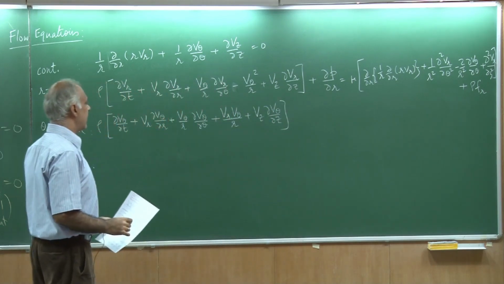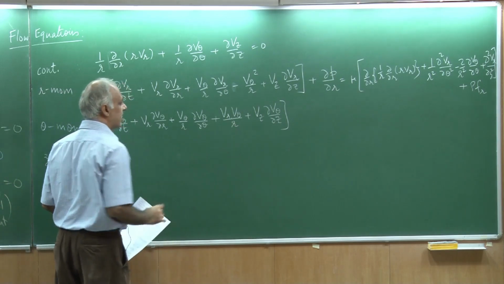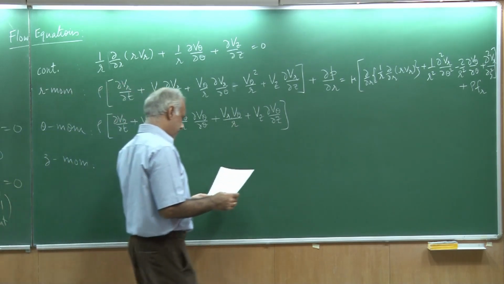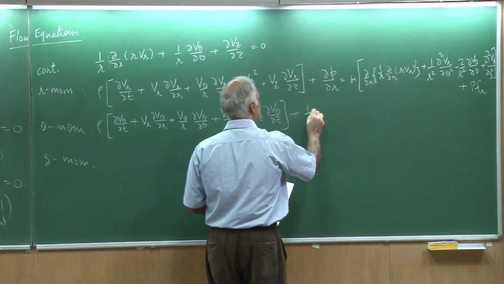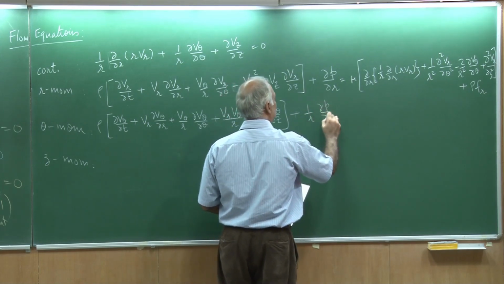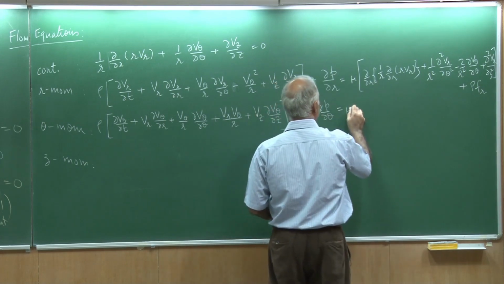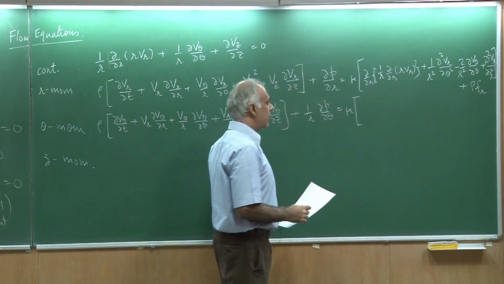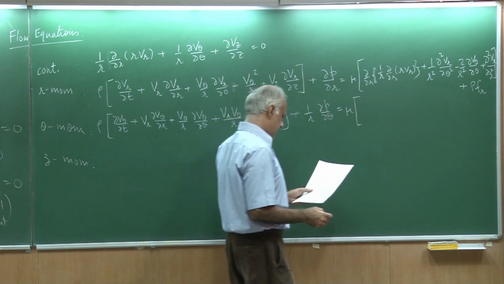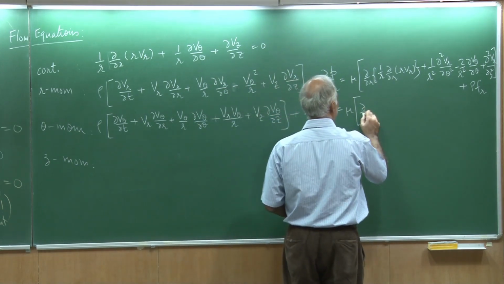So that's the total acceleration as far as V theta is concerned, and this times 1 by r del P by del theta should be equal to mu times the Laplacian of the velocity in the theta direction.